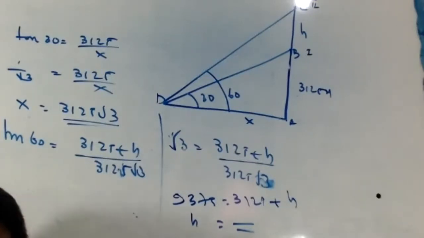Poles, P-O-L-E-S. Two poles of equal heights are standing opposite to each other on either side of the road.